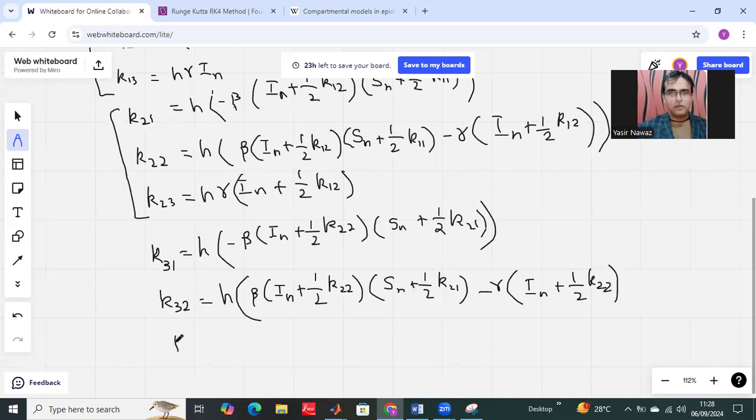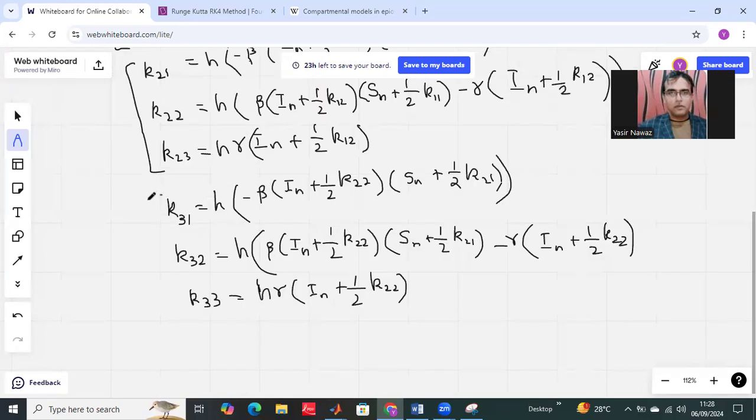For the third stage, the third equation would be K33. So H gamma In plus half K. That was the third stage.